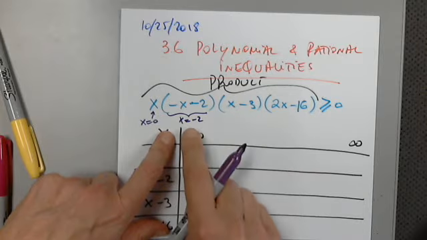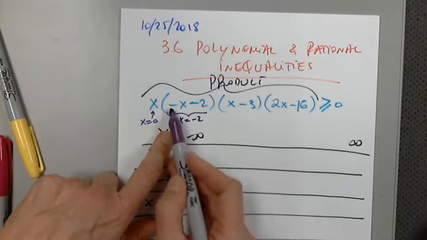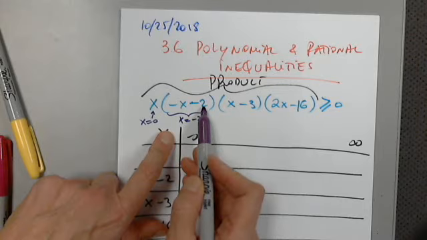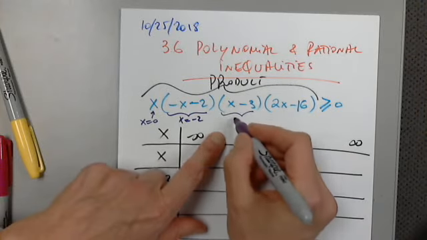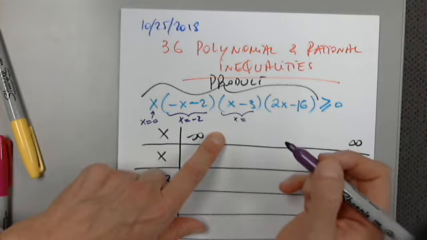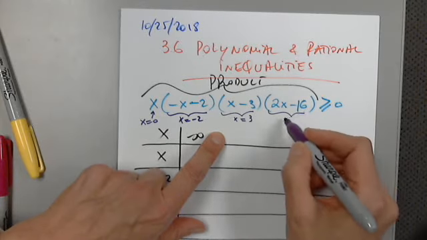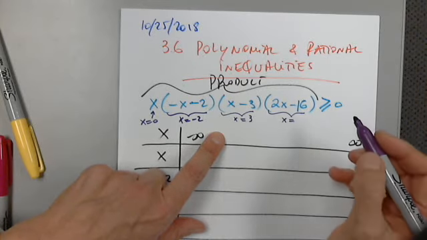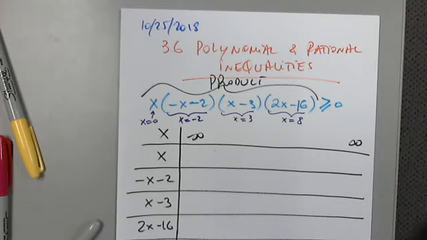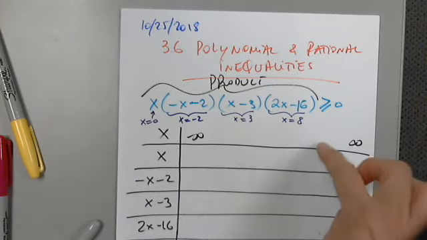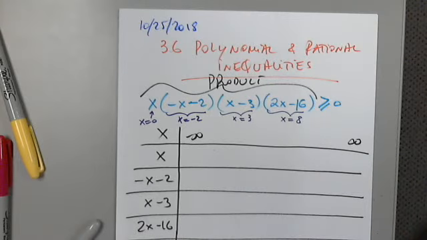Do you all agree with negative 2? Negative 2 with minus in front will be 2. 2 minus 2 will be 0. What about this one? This will be 0 when x is 3. And then this one will be 0 when x is 8. I need these numbers in ascending order. And I will put them at the top of the table.